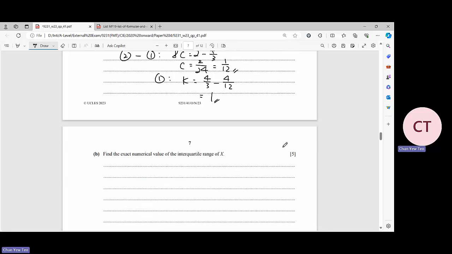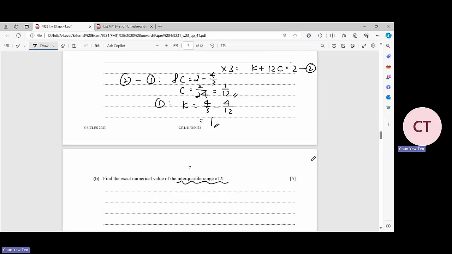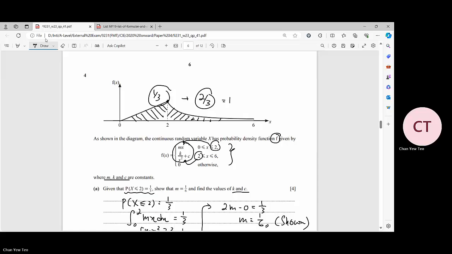Okay. So now with the values of k and c that we have, and also m, we can find part B. They want to find the interquartile range of x. To find the interquartile range of x, we need to find the lower quartile. From the diagram, the lower quartile must fall into here.